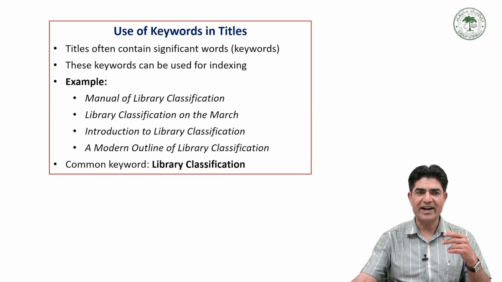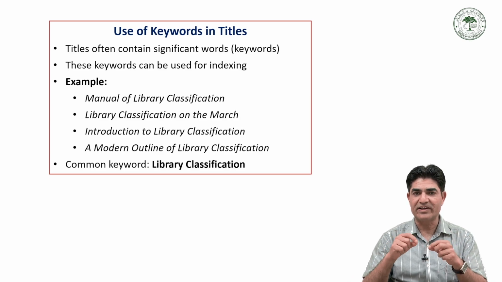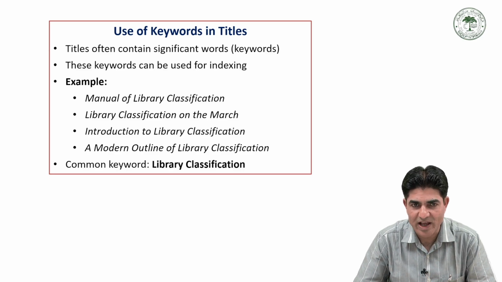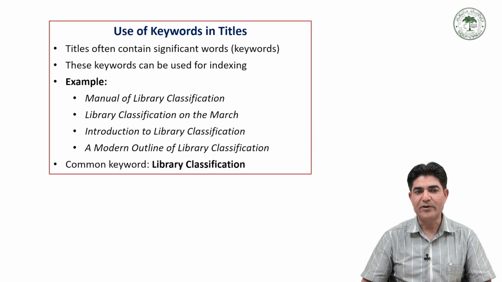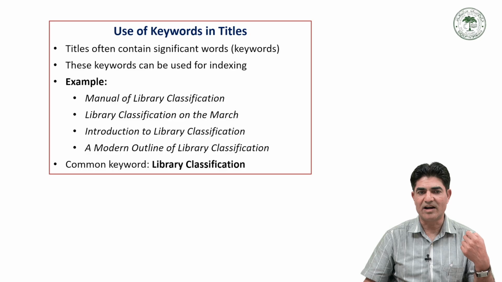So, use of keywords in titles. Titles often contain significant words that are called keywords, and these keywords can be used for indexing. For example, Manual of Library Classification, Introduction to Library Classification, A Modern Outline of Library Classification.